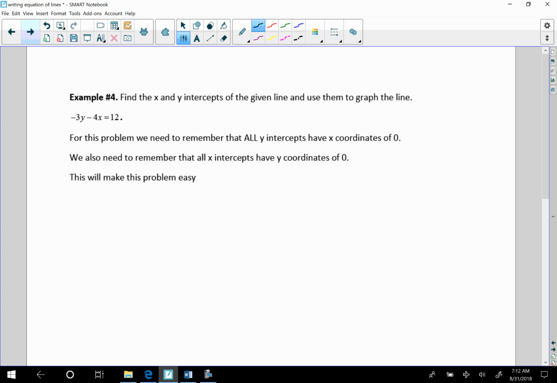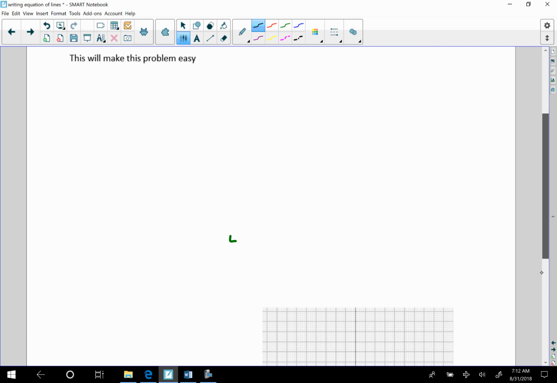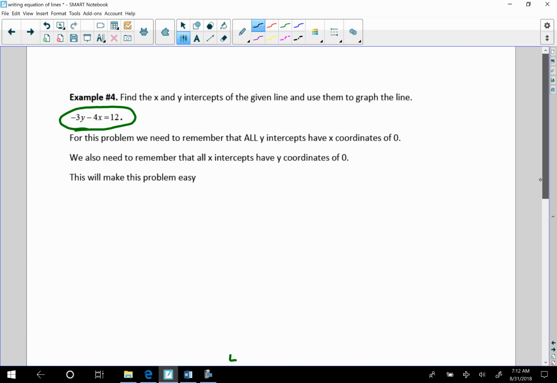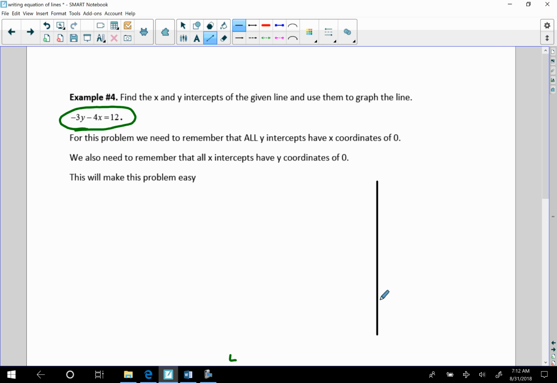Find the x and y-intercepts of the given line and use them to graph this line. Well, what I need to do to do this problem is I need to remember that if I have any x-intercepts, they happen on the x-axis.